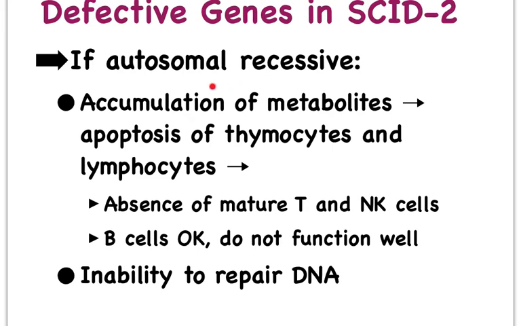So we have problems with the accumulation of metabolites, which triggers apoptosis of our T lymphocytes in particular, and even our natural killer cells. But we also see that there are problems with the ability to repair DNA.